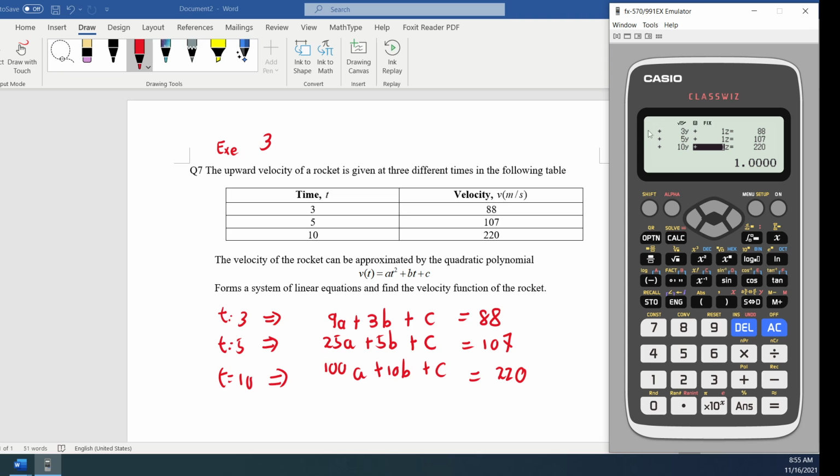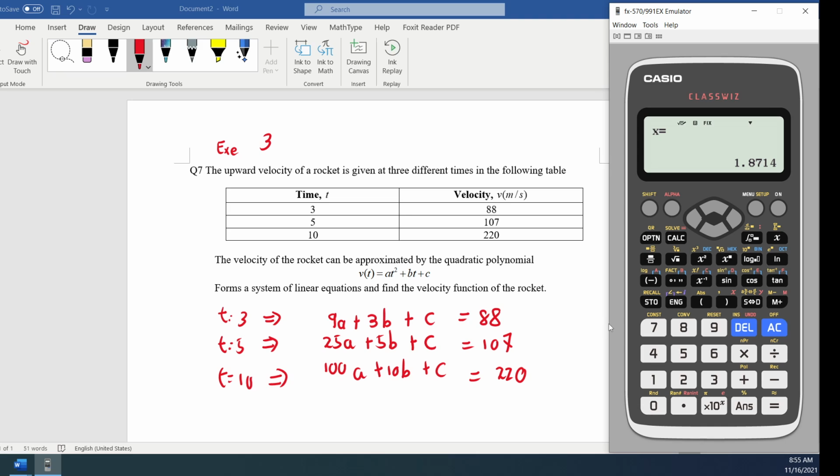In the calculator, x, y, z correspond to a, b, c in the system of linear equations here.